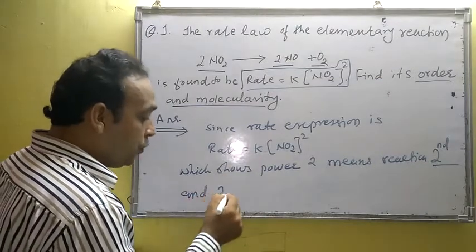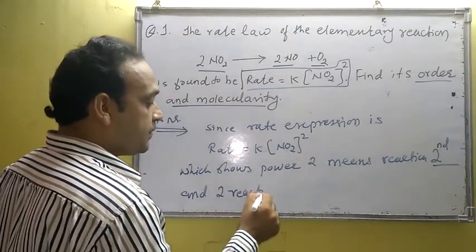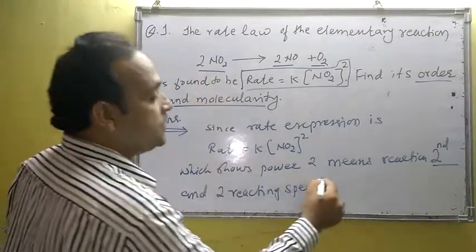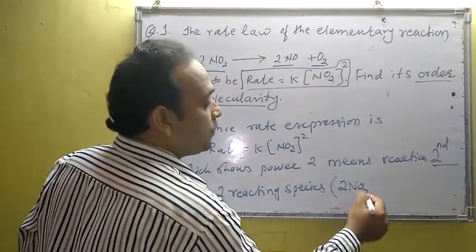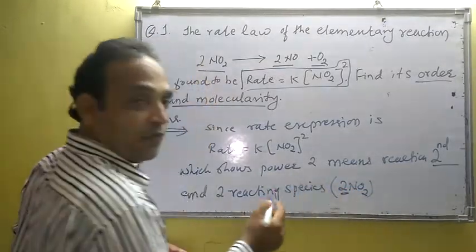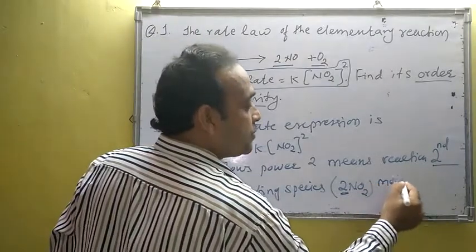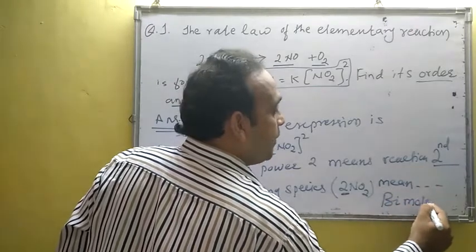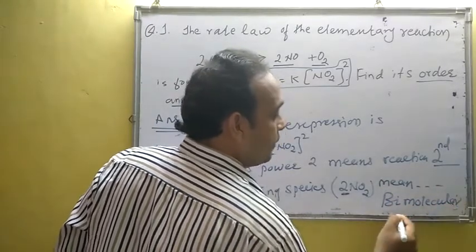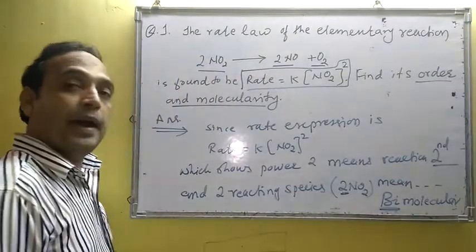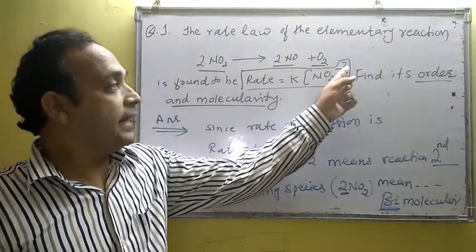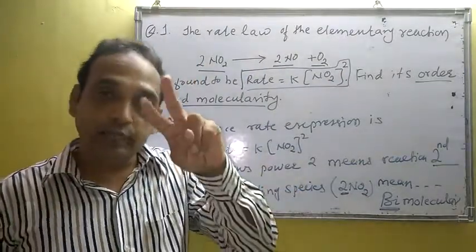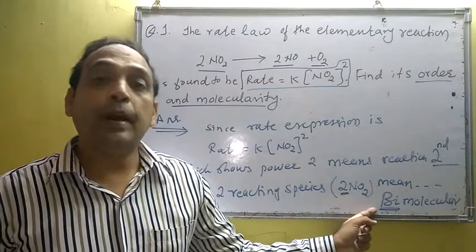And two reacting species, which means 2NO2, means the reaction is bimolecular. Molecularity is bi, means 2. So this reaction is second order because of power 2, and two reacting species means the molecularity is 2, means the reaction is bimolecular.